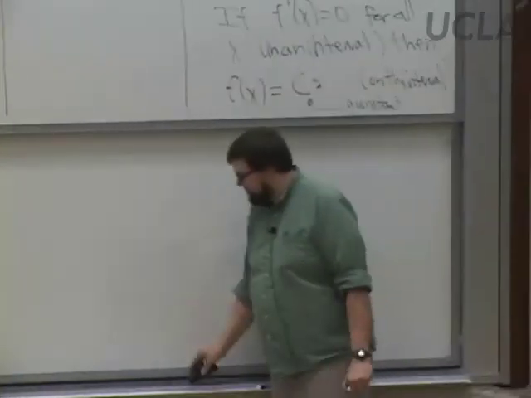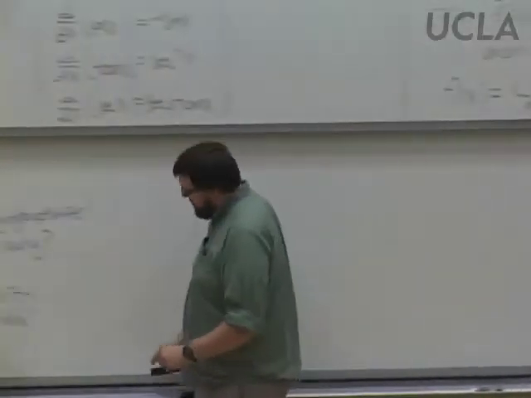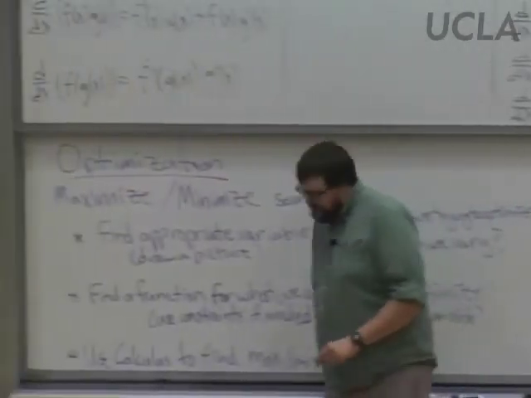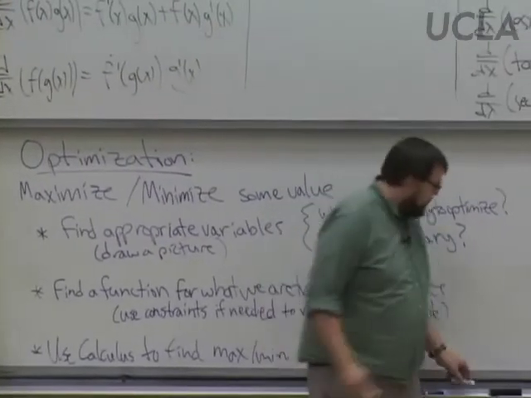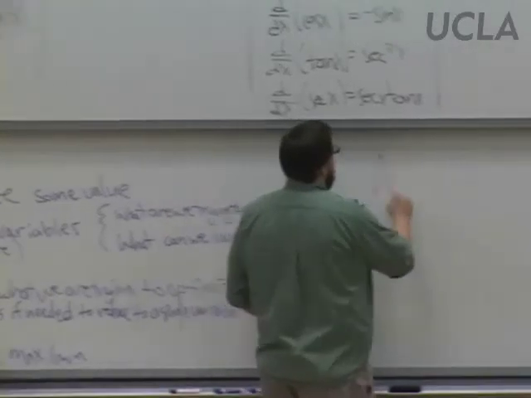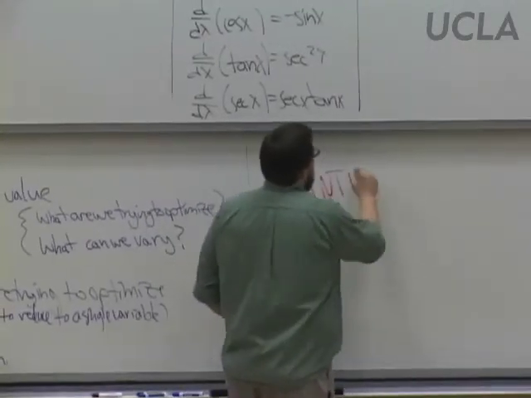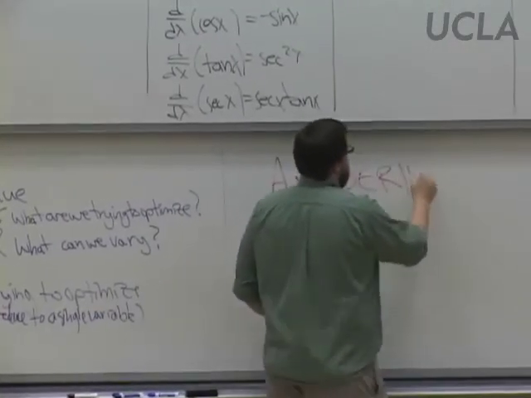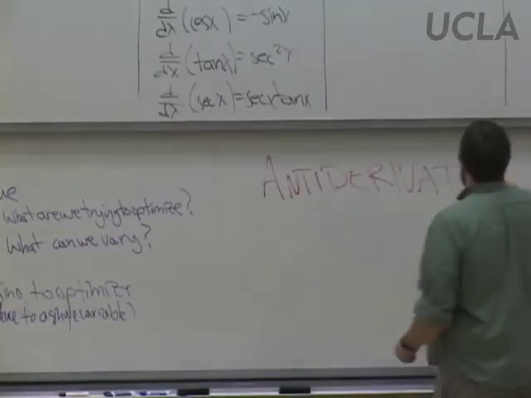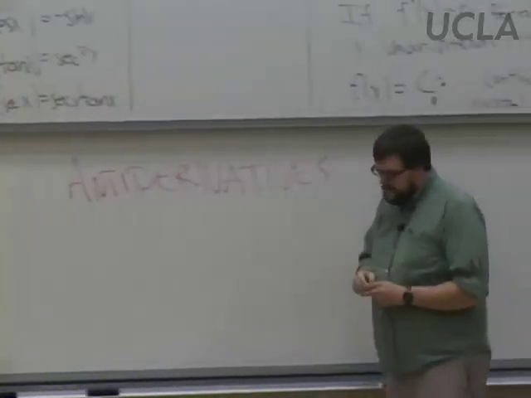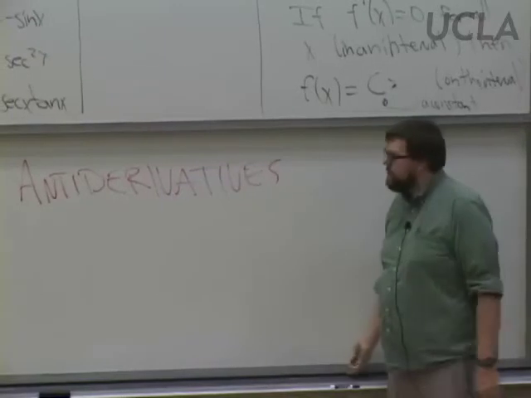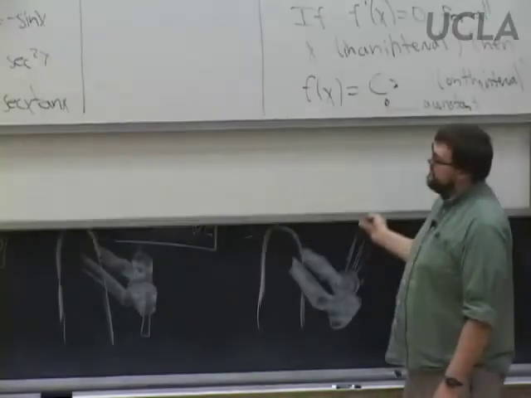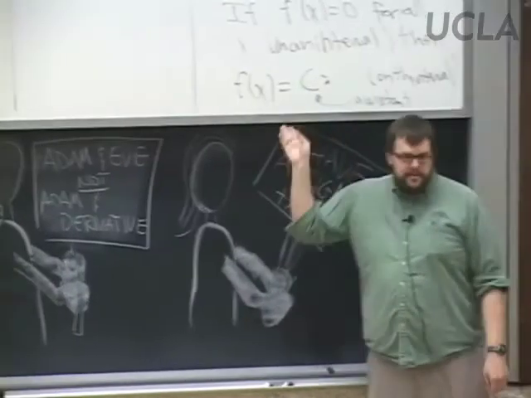Okay, all right, so we need to go to our next topic because I want to make sure to cover it today. Our next topic is antiderivatives. Now, what are antiderivatives? Probably when you think of the word, you have a picture of something like this in mind.